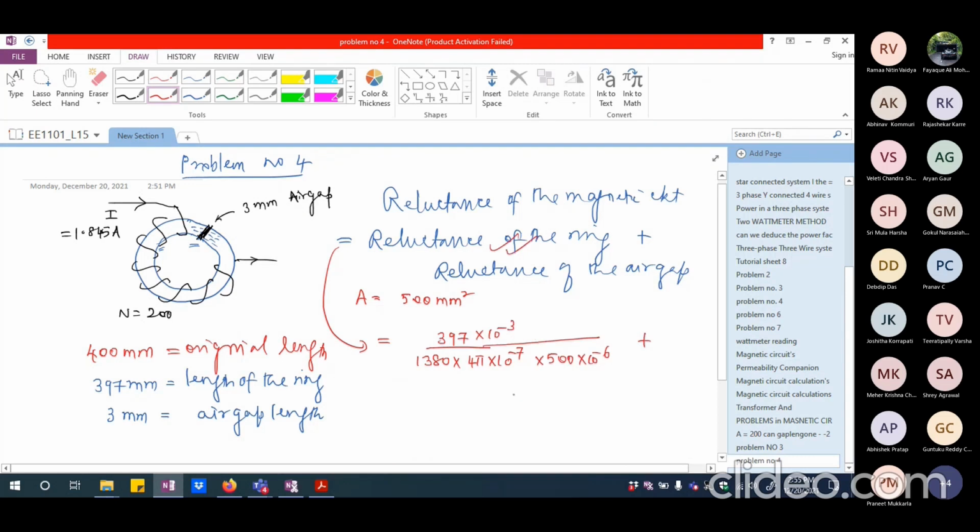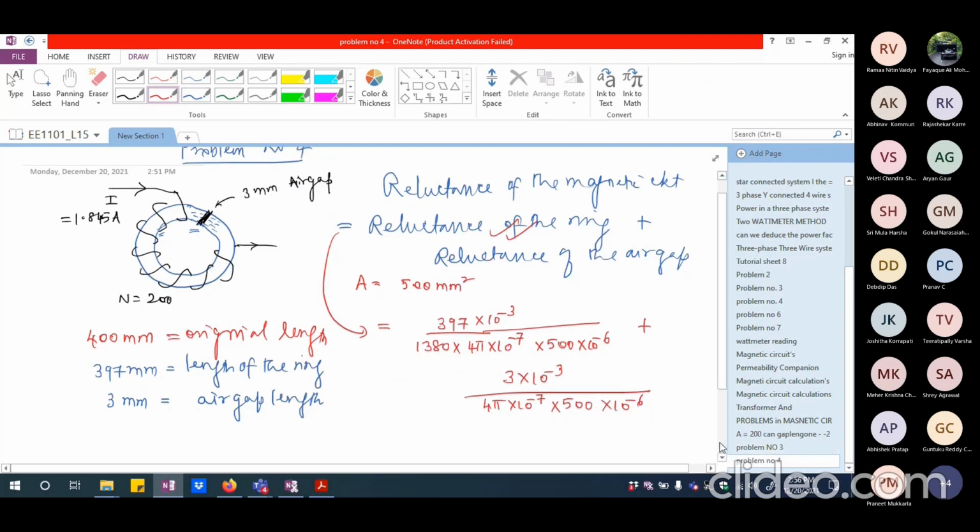Then reluctance of the air gap will be 3 multiplied by 10 power minus 3 divided by, now there is no 1380 because this is air gap. So I'm going to have 4 pi multiplied by 10 power minus 7. And this has to be multiplied by the same cross-sectional area. So this entire thing comes out to be the total reluctance.